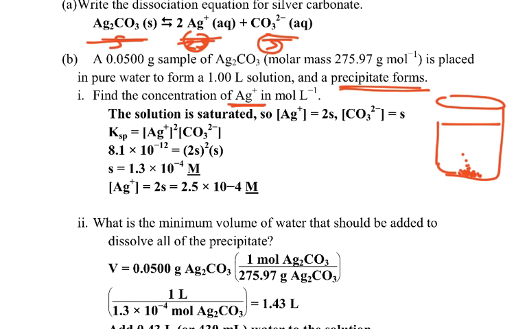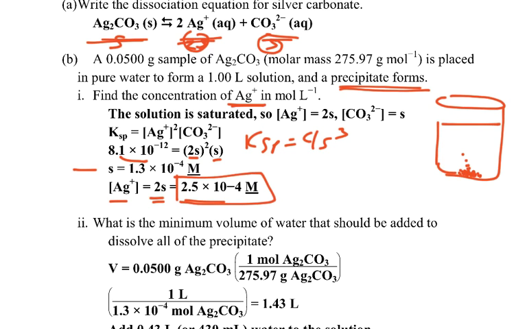So this is a 2-to-1 compound, so I know it's going to be 2S squared times S. And now I can just solve, so I'm really doing Ksp is equal to 4S cubed, solving for S. Okay, so S comes out to be 1.3 times 10 to the negative 4, and the silver ion concentration is double that, so it'll be 2.5 times 10 to the negative 4 molar, and that's the answer.